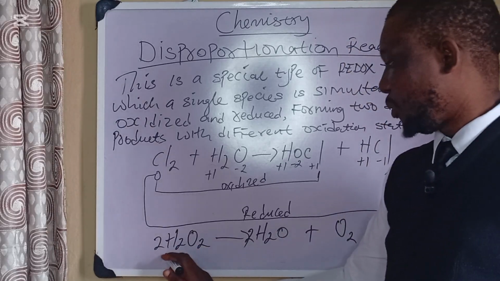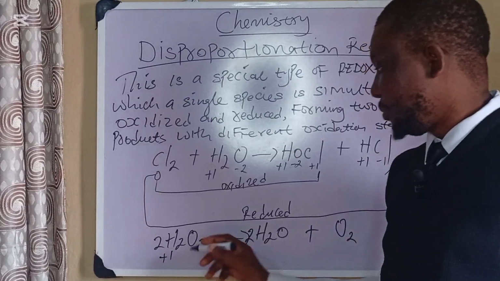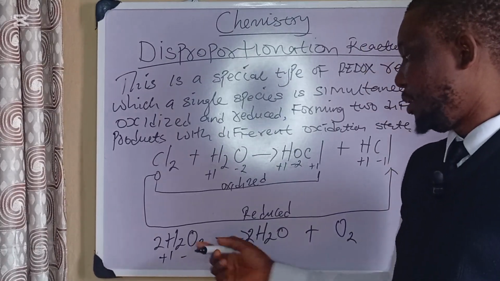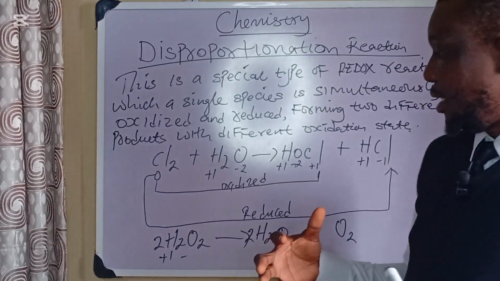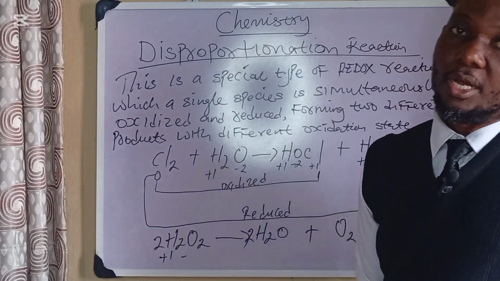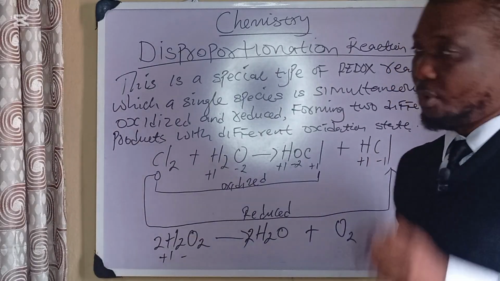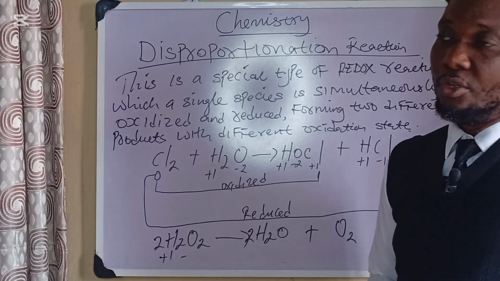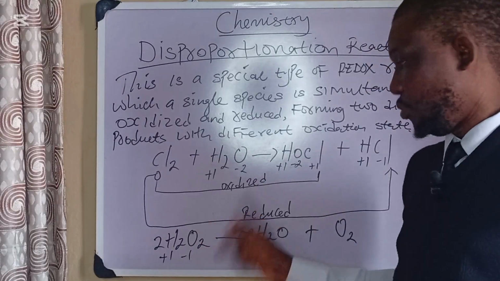Here we have H as plus one, always plus one in a combined state. In this case, the oxidation state of oxygen in a peroxide, like this is a peroxide, you can see there's an additional atom of oxygen here. The oxidation state of oxygen for one atom is minus two, so for two atoms it is not minus two but minus one.